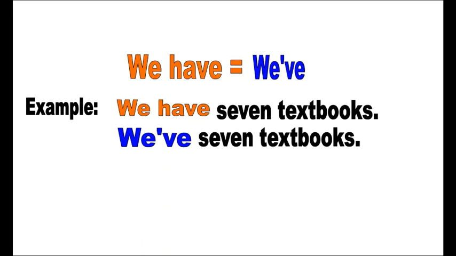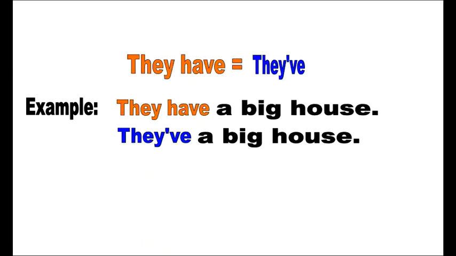It remains the same. They have. In contracting this, you write they apostrophe ve. They've. Example: they have a big house. They've a big house. So it is similar.